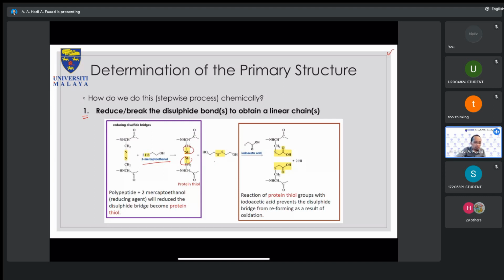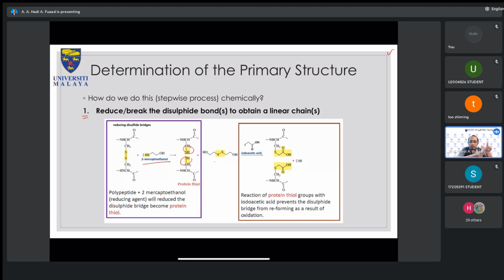But just to tell you, this is something we have not looked at. The first thing is you reduce it, but to make sure that the disulfide bond does not reform, you can take two approaches.